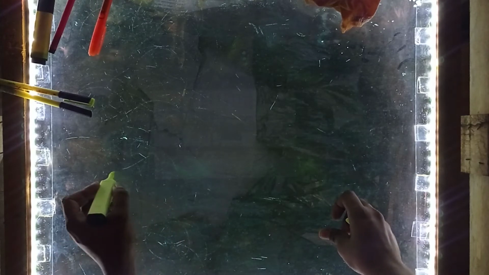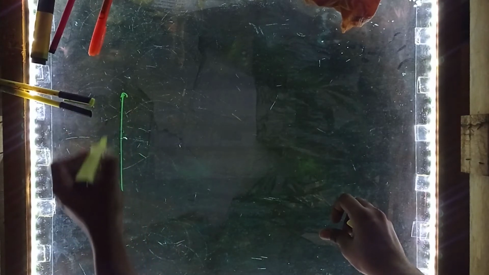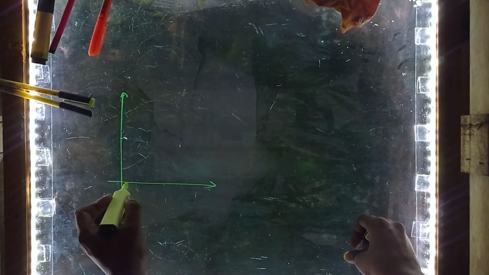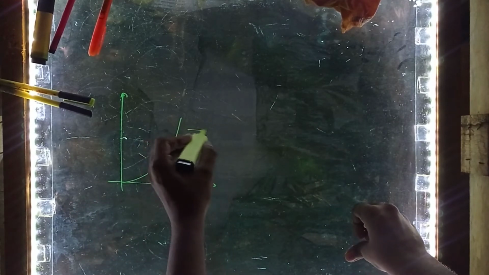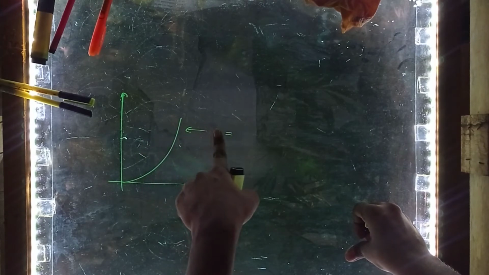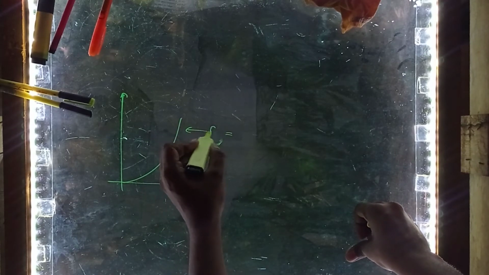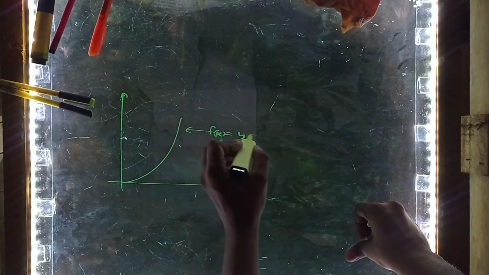I hope to introduce a few more separate video series for differentiation and integration geometrically. At this moment, let me pick a very primitive, very ordinary function, f of x equals y equals x squared.